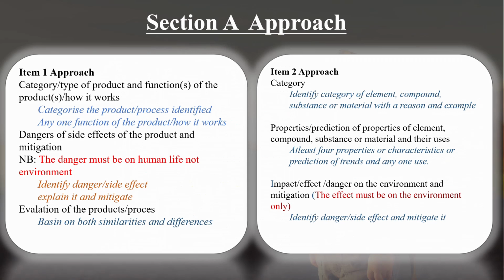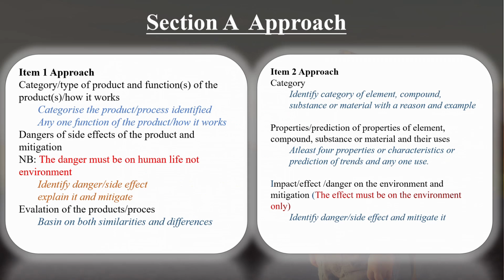But remember, for section A part 1, the dangers must be on human life. I believe you are getting the difference clearly. So you identify the danger, and after identifying the danger or the side effect, you mitigate it. There you'll have approached it, you've finished.